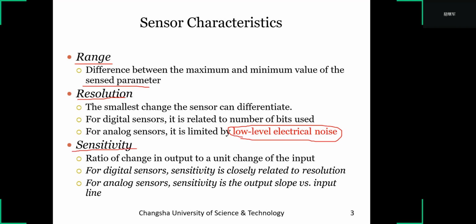Sensitivity: the ratio of change in output to unit change of the input. For digital sensors, sensitivity is closely related to the resolution. For analog sensors, sensitivity is the output slope with respect to the input slope.